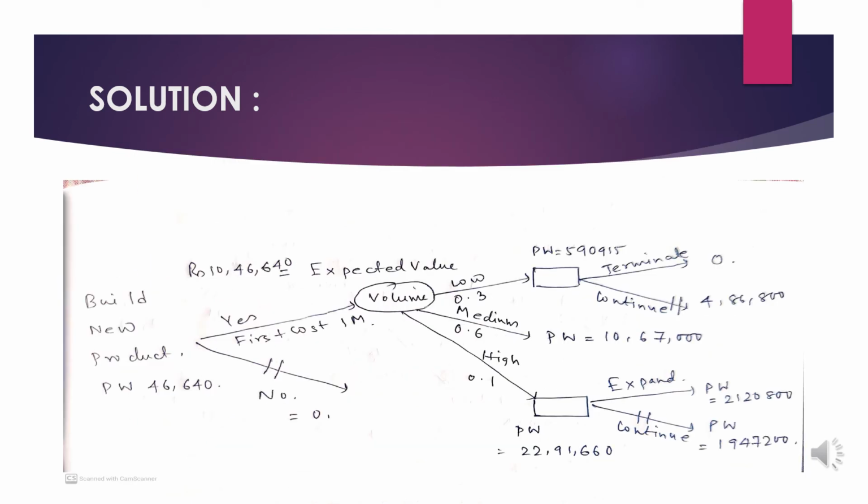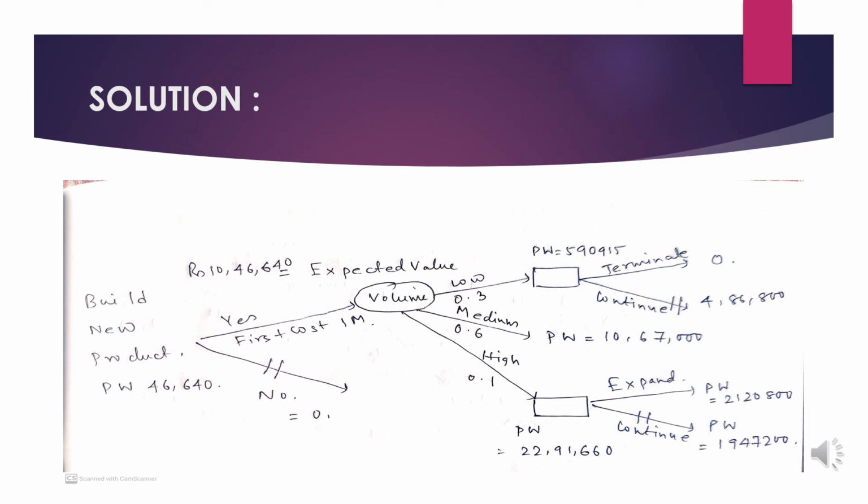So we have successfully now come back to the initial decision point where we have two remaining decisions. What are the two remaining points that we are having? If we build the new product with the help of 1 million rupees, it is giving me back 10,46,640, and if we terminate it, there is no cost involved in it.